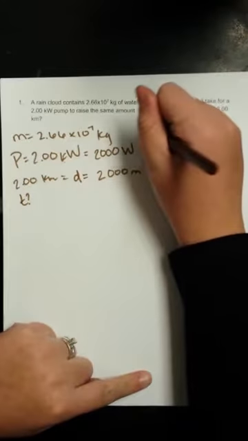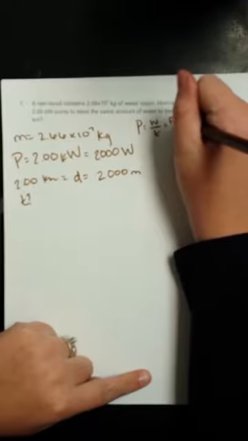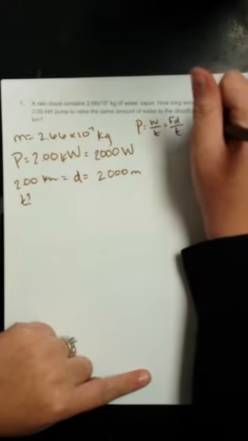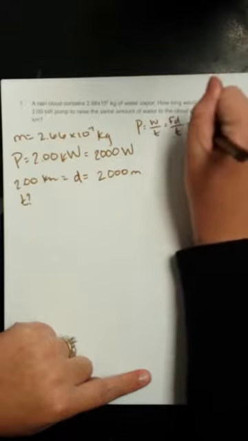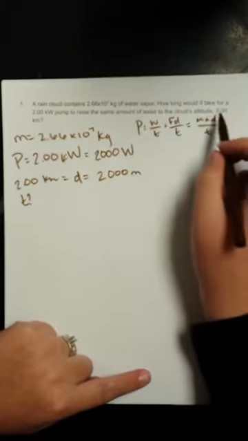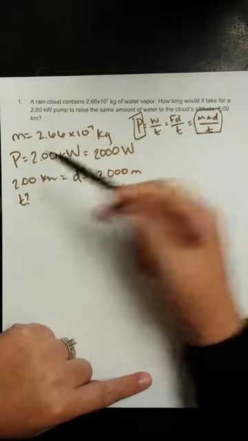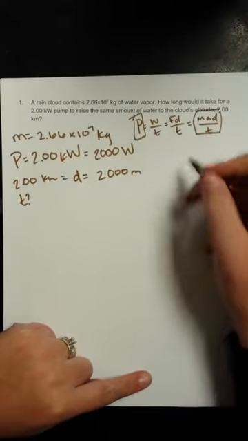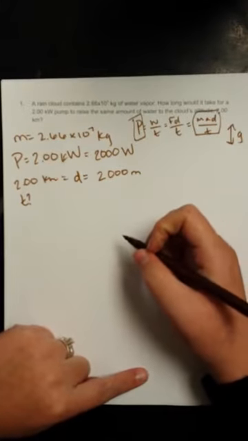So again, power is equal to work divided by time. We can redefine work as force times distance, and we can redefine force as mass times acceleration. This is probably going to be the best bet in this case because I do have a mass and a displacement. If we're working vertically, remember we're going to use the magnitude for g.